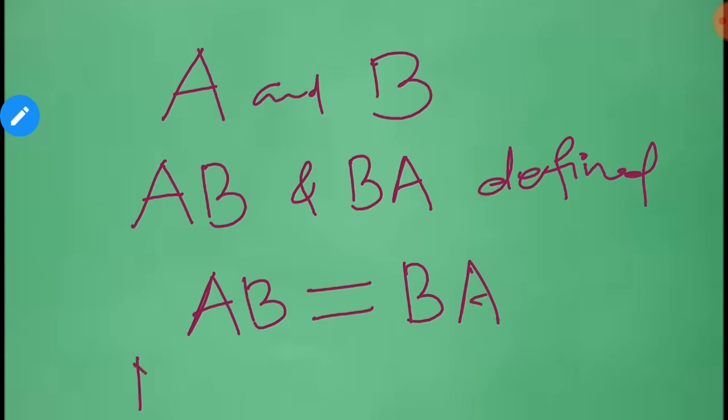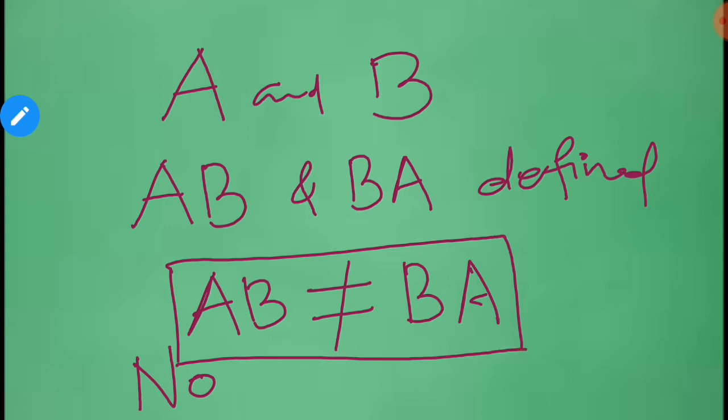No. AB is not equal to BA. The product of matrices is not commutative. Matrix multiplication is not commutative. AB not equal to BA.